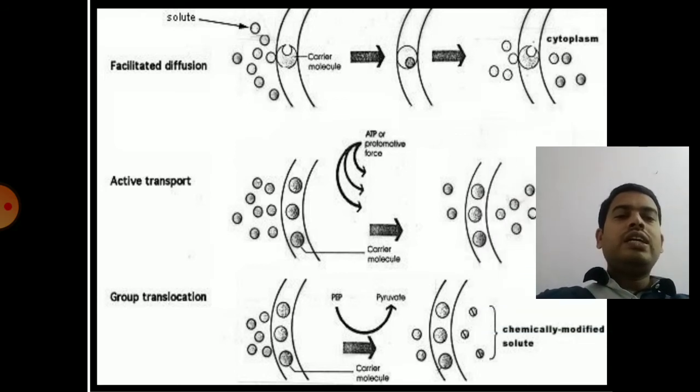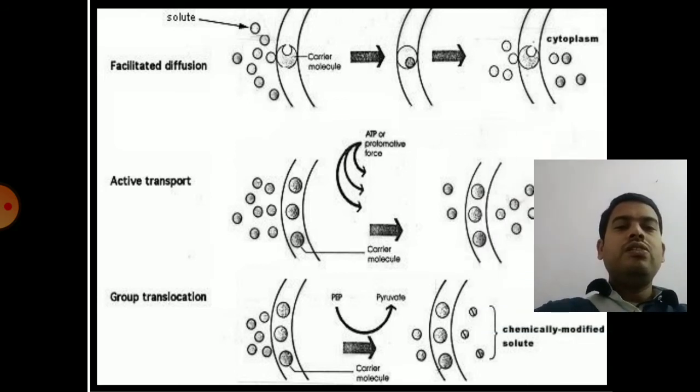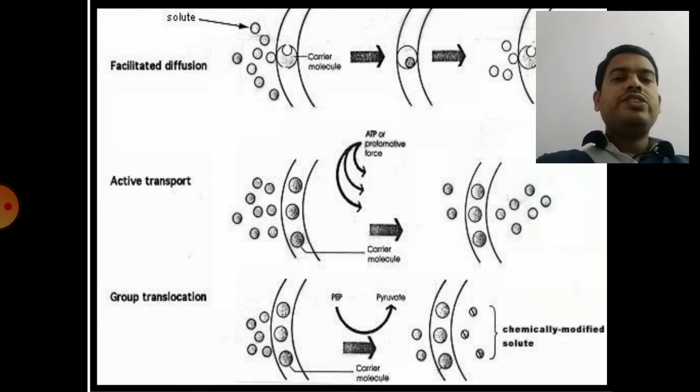The other mode of transport is facilitated diffusion, where the solute particles are bound to a carrier molecule. The carrier molecule plays an important role in the transport of the solute molecule from outside the membrane to inside the membrane. That is facilitated diffusion.